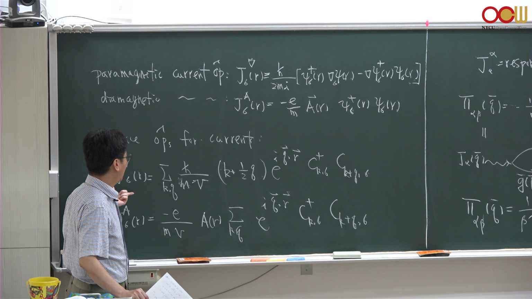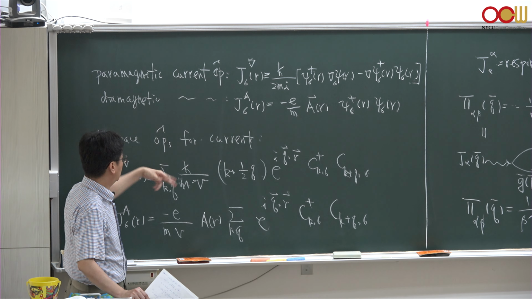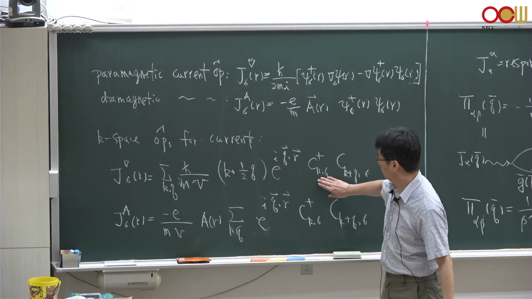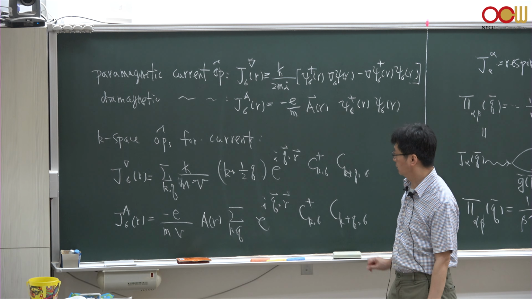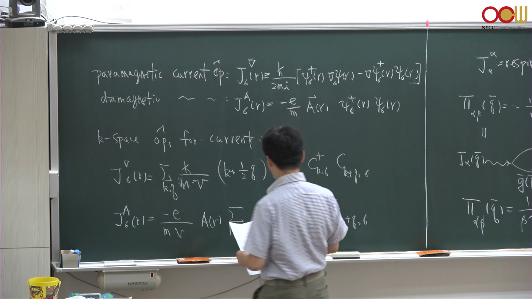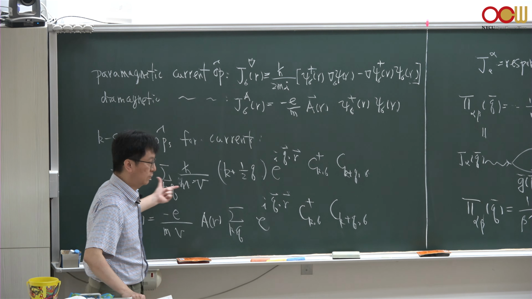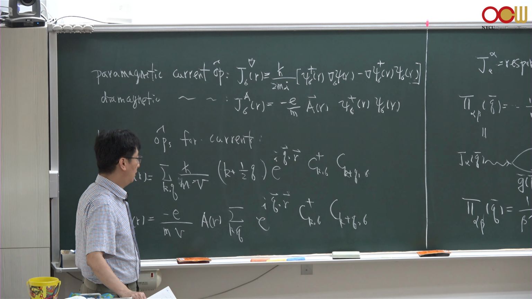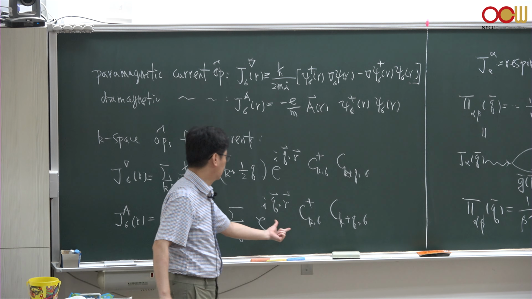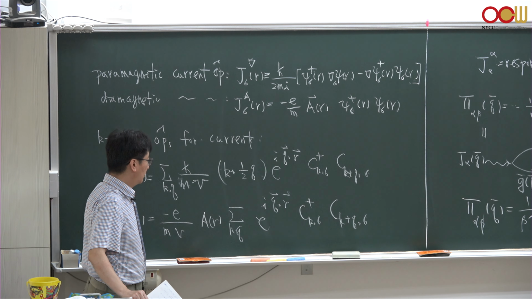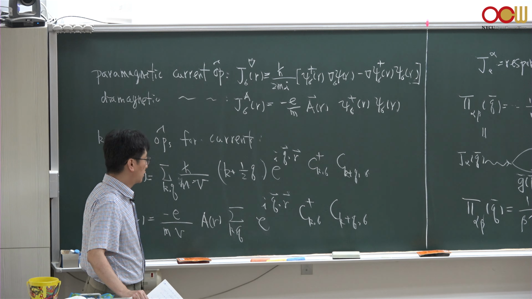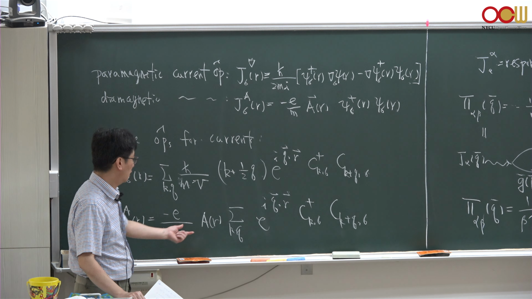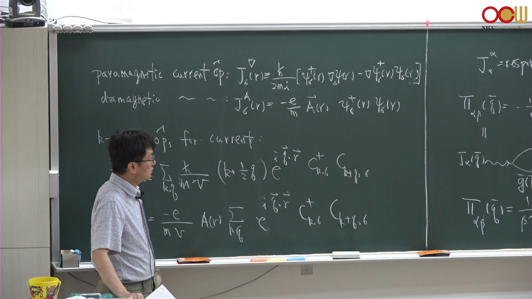For the paramagnetic part, if you Fourier transform to K space, you get this form. We have derived the same form before, when we discussed linear response theory. The diamagnetic part is simply the charge density operator, C dagger K, C K plus Q, times the Fourier phase factor, and times the vector potential.